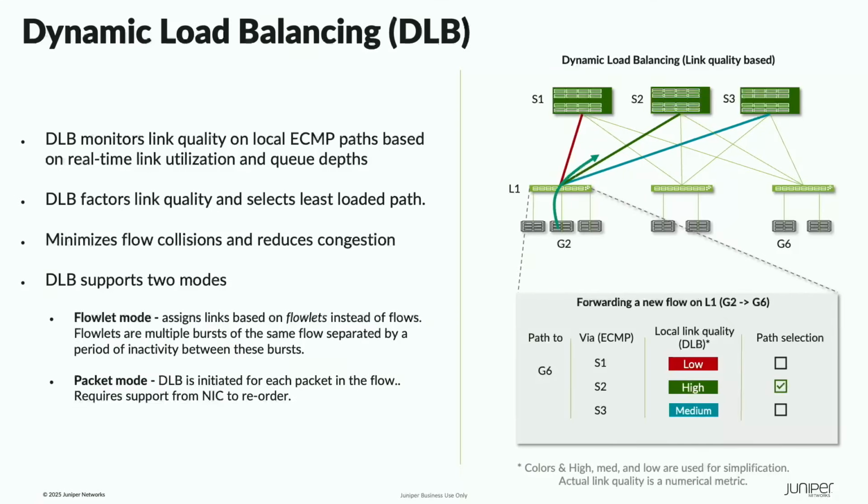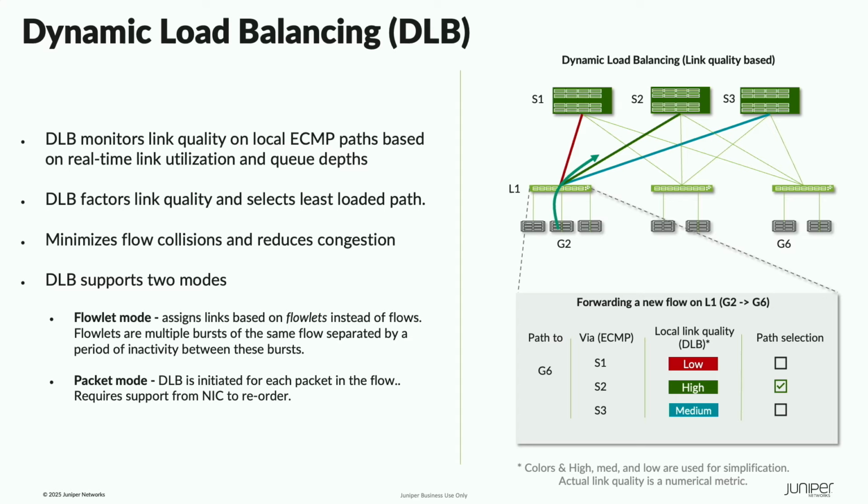As you can see, the most opportune point where you can take a good load balancing decision and avoid congestion is the first leaf, because it has the most available paths. So we track link quality, which is a function of how much traffic is going, so link utilization on every link, and also whether there is any buffer pressure on any of those links. Those two metrics are combined, and we derive link quality.